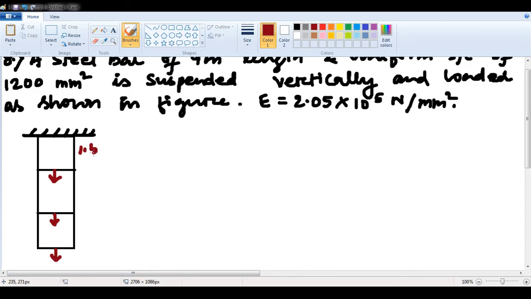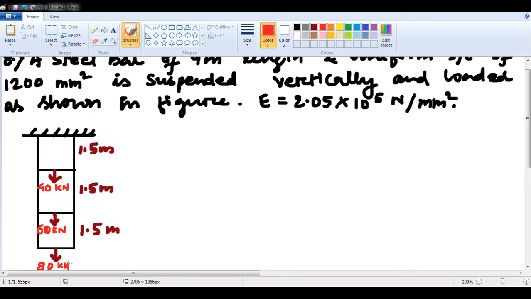This length is 1.5 meter, 1.5 meter, 1.5 meter. Okay, a load is 40 kilonewton. This is 60 kilonewton, and this is 80 kilonewton.